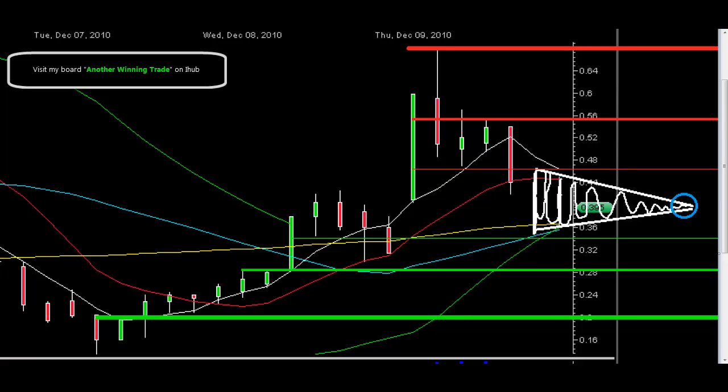So if we do see bearish action, price action is going to meet support right here, and if the bulls can't manage to hold that, the second level of support, bigger support, is right down here, right at 30, and then the must hold, in my opinion, is right here, right around the 20 range.